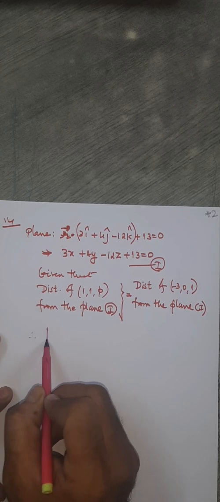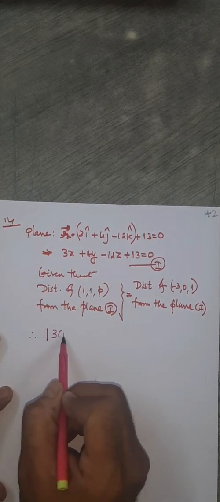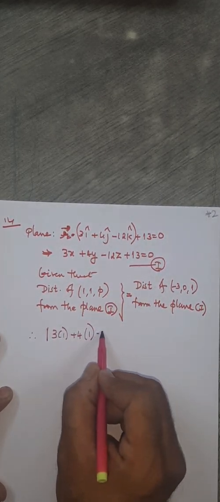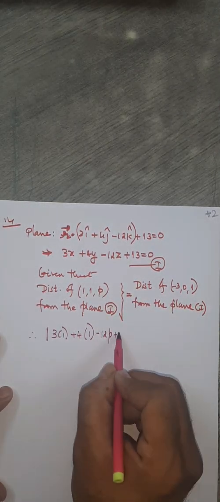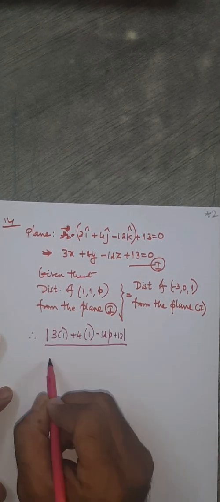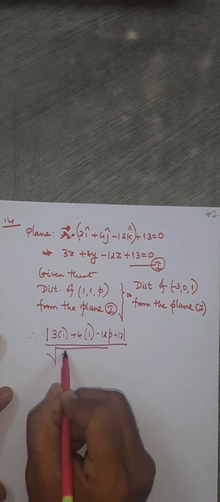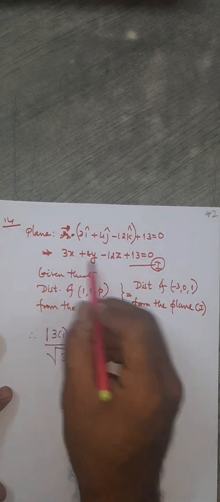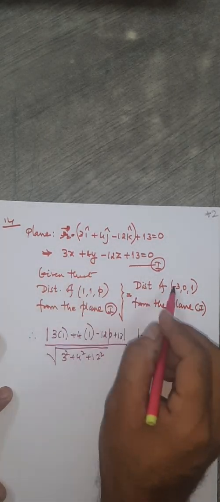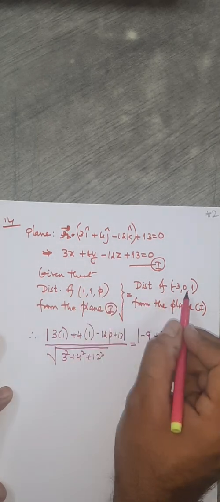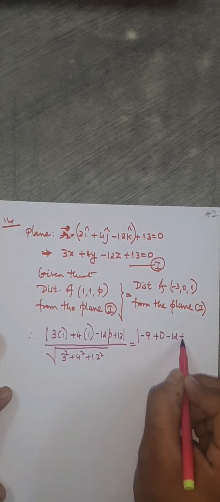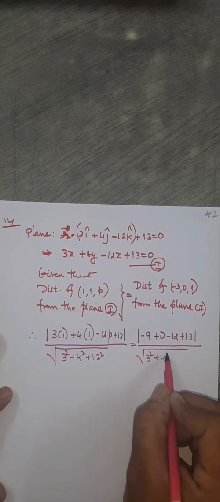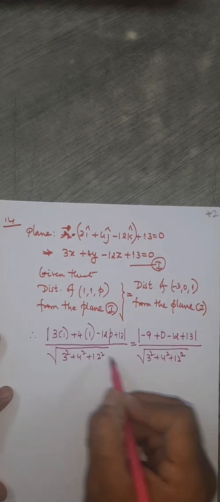Modulus of 3 into 1 plus 4 into 1 minus 12p plus 13 upon under root 3 square plus 4 square plus 12 square, that is equal to modulus of minus 9 plus 0 minus 12 plus 13 upon root of 3 square plus 4 square plus 12 square. So this will get cancelled obviously.